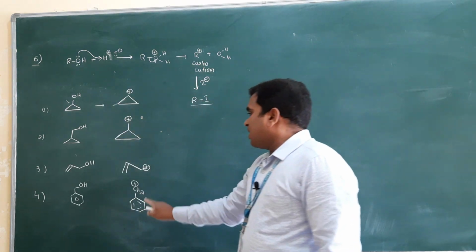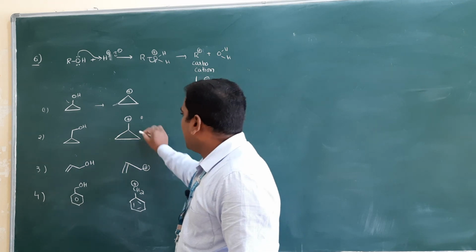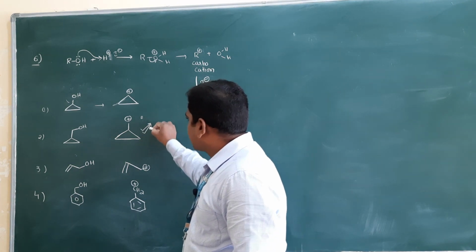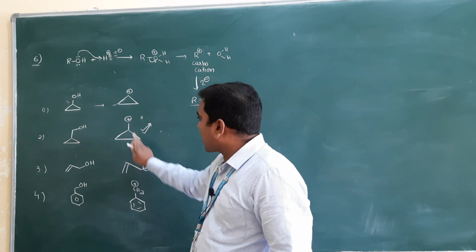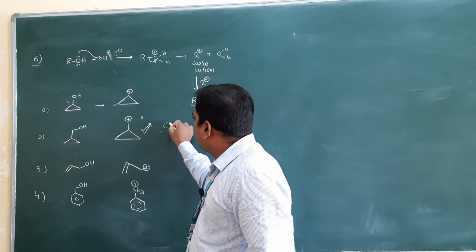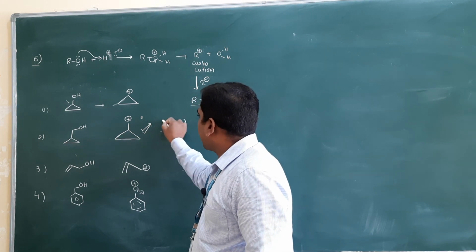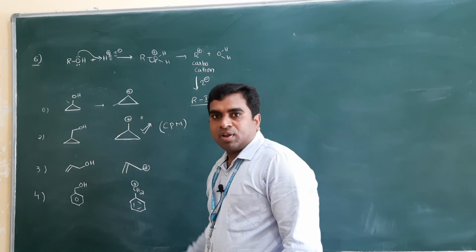We will think the benzyl carbocation is most stable, but it is not. This is the most stable carbocation, compared to the benzylic carbocation. We call it the cyclopropyl methyl, CPM, cation. Cyclopropyl methyl cation.